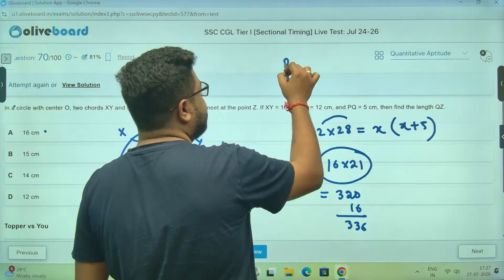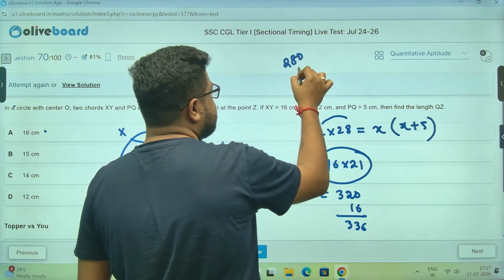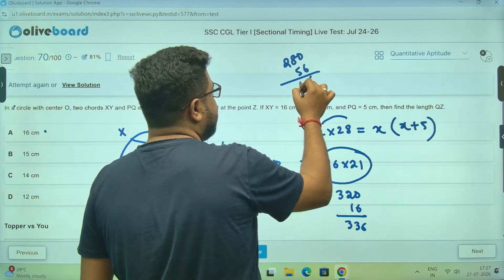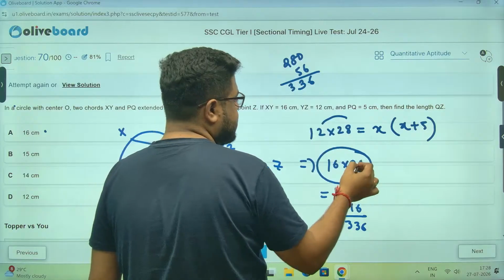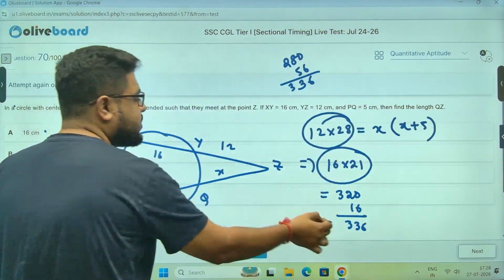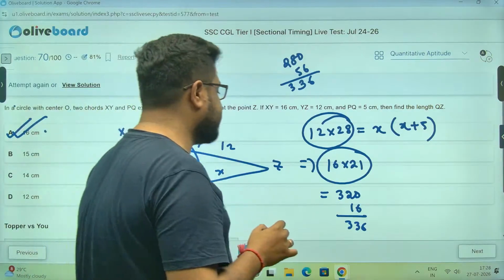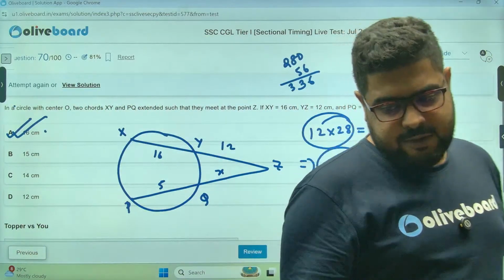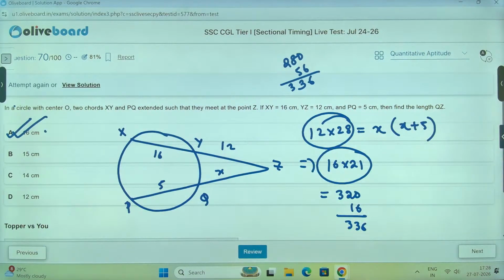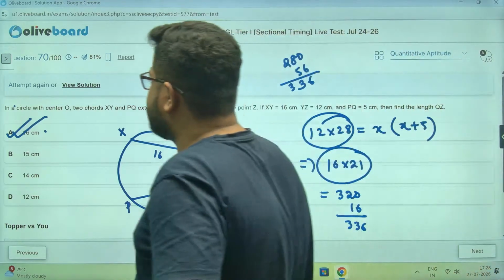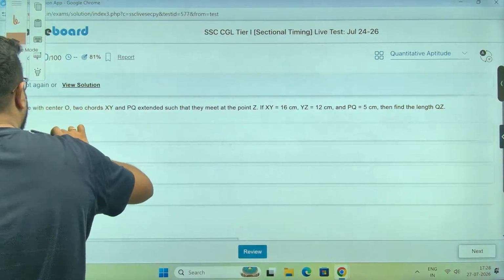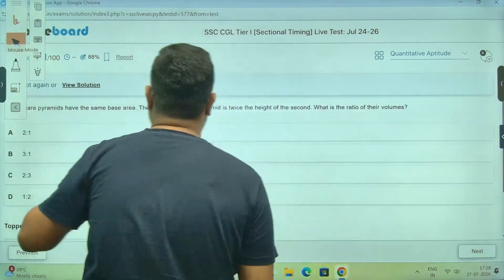Over here, if I do it, 280 and 56, 336. Yes, sir. This is 336, this is also 336. So if I put 16 in place of X, that will give me my answer. And QZ I had taken as X only, sir. Because it was a quadratic, I chose to avoid the calculations and rather put in the values.